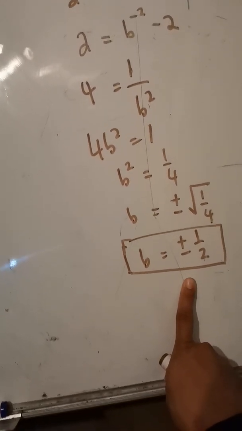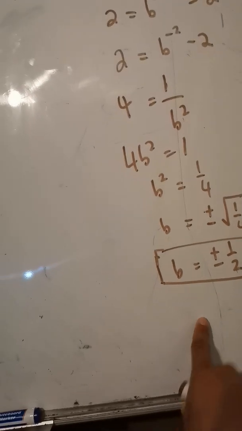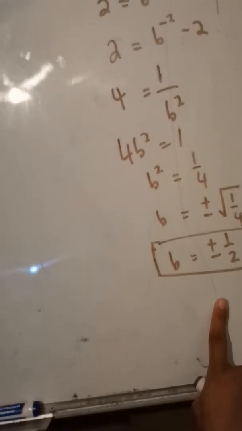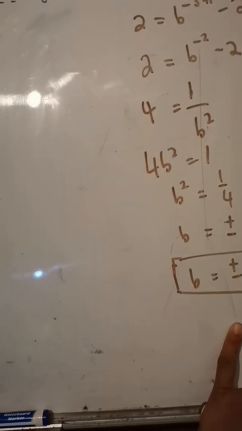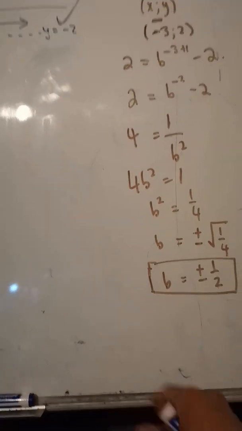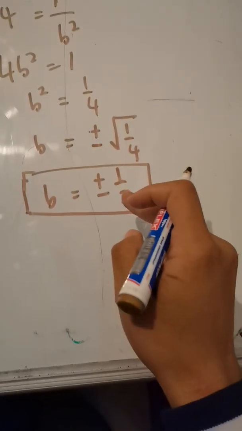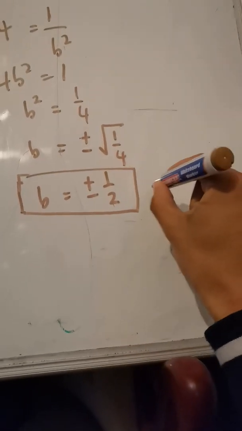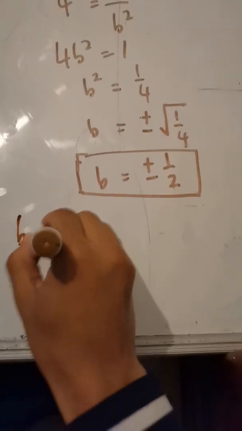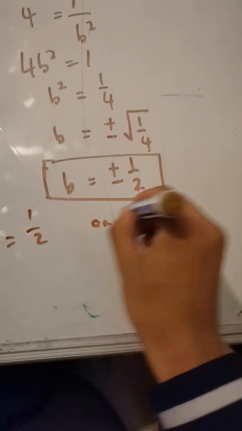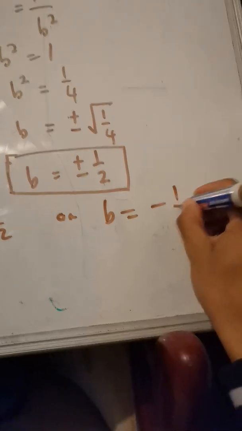Okay, b is either positive half or negative half.